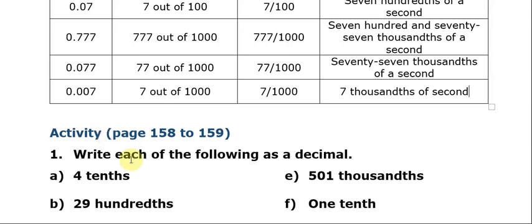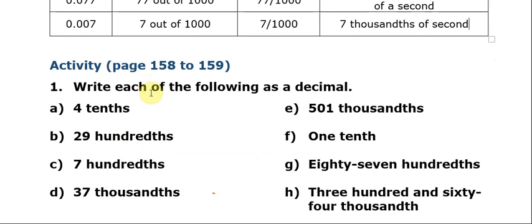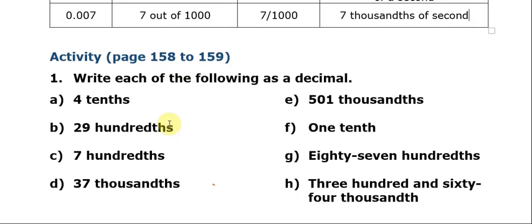Now the activity here, you would see me having page 158 to 159. This would be taken from a book written by Raymond Tulsi. It's called A Complete Mathematics Course for Secondary Schools, Book 1. And if you should turn to page 158 to 159 of that book, you will see these questions.